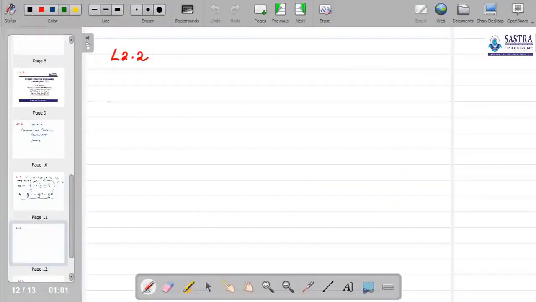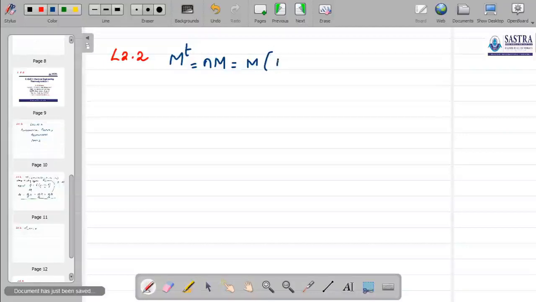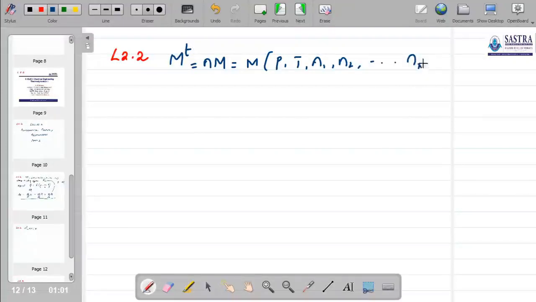So we have Mt, the total property of the system, given as the number of moles of the system times the molar property, which is a function of P, T, n1, n2 and so on till nn.